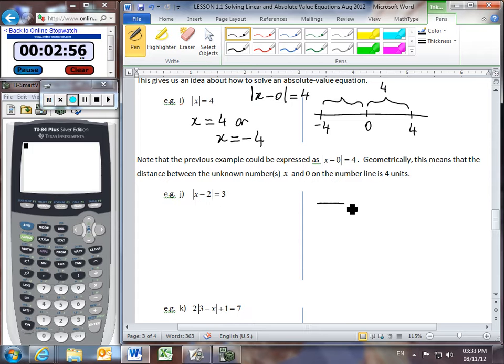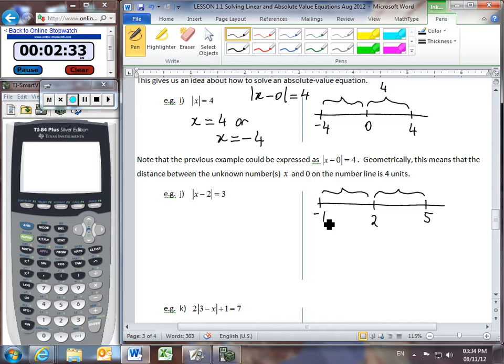So let's draw a picture of this. We've got 2, and we want to find out where the distance between x and 2 is 3 units. So 3 units in this direction brings me to 5, and 3 units in this direction brings me to negative 1. And so the answer for x is negative 1 and positive 5.